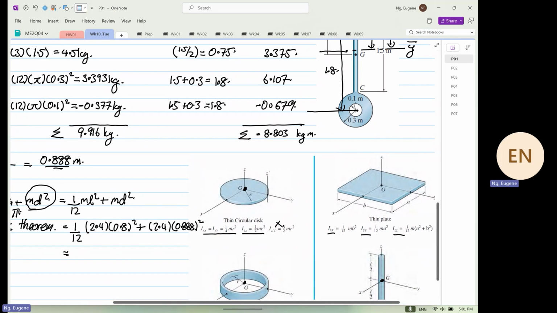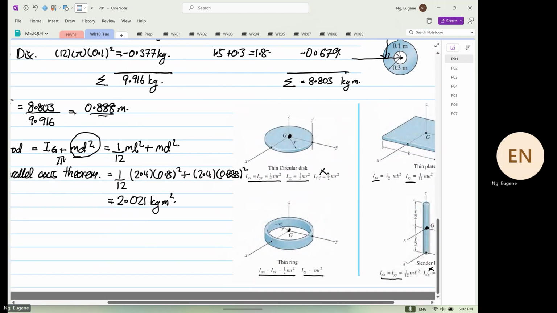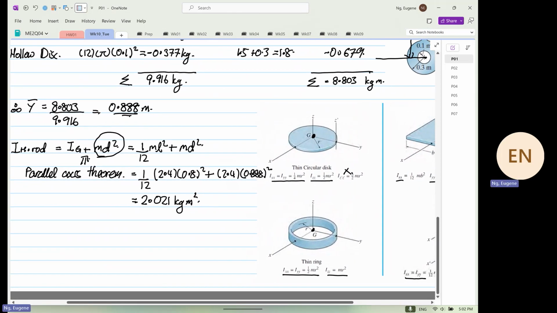So this will be equal to 1/12 times 2.4 times 0.8 times 0.8 plus 2.4 times 0.88 times 0.88, which is equal to 2.021 kilogram meter squared. So that is for the horizontal.